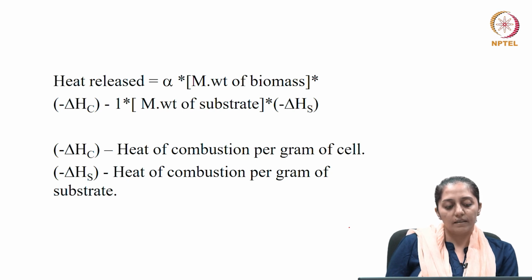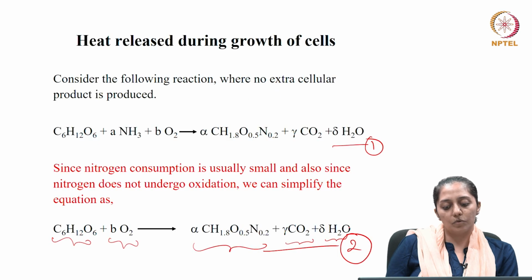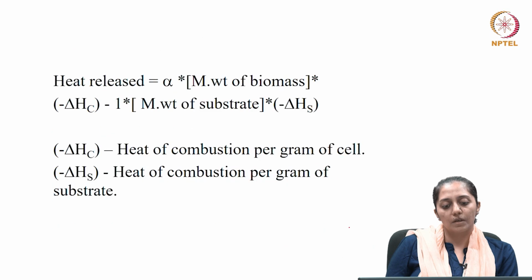So, as I said, delta Hc is nothing but your heat of combustion per gram of cell. Therefore, it is being multiplied by the amount of biomass, where alpha moles of biomass are known to get produced. So, we will multiply alpha by the molecular weight of biomass. Similarly, delta Hs is the heat of combustion per gram of substrate.